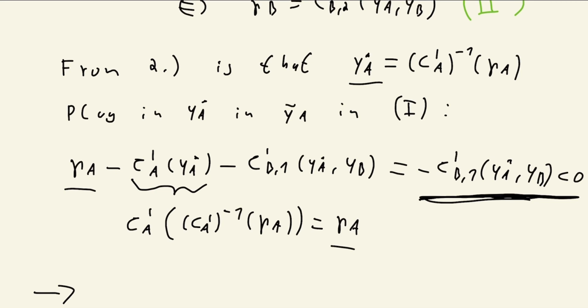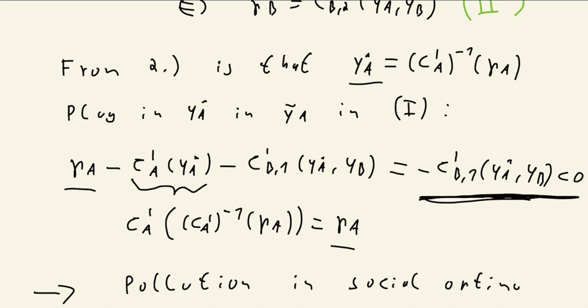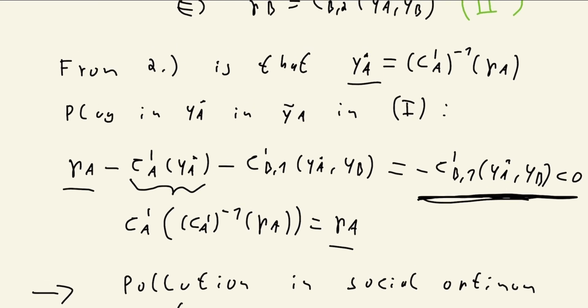Okay, so let's write down an answer. So let's write immediately: pollution in social optimum is lower than in the competitive equilibrium.